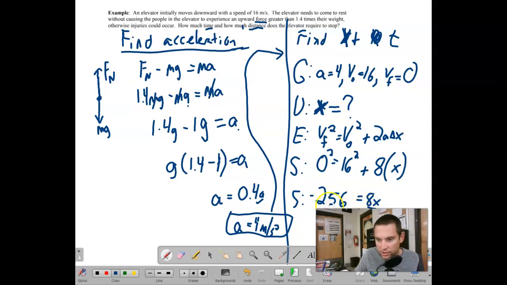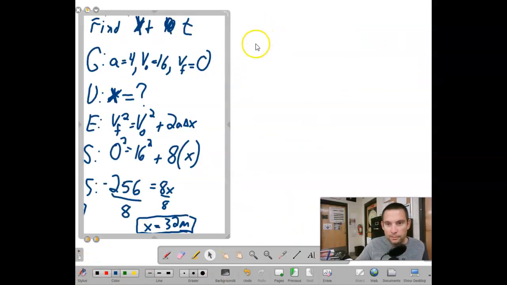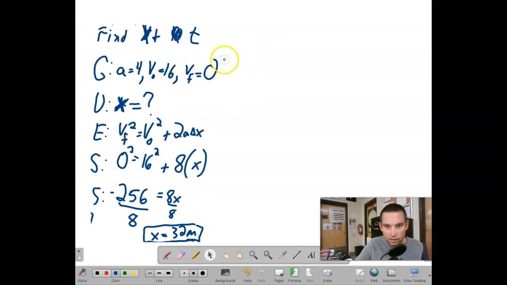Divide by 8 on each side, and we get x equals 32 meters. Good. Now we need to find time. Let me get a new page here. All right, so now to find time, we now have x. We can even add that into our given information if you like. X equals 32.